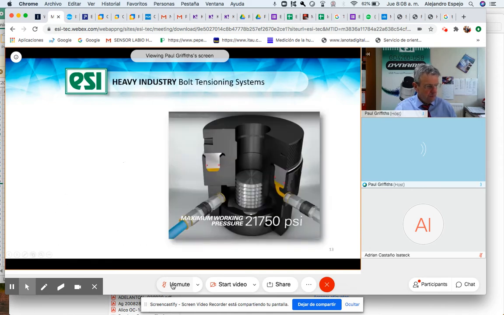So this is an example. This is one of our customers. So the hydraulic pressure is injected into this clamp, and it forces this piston here, this piston ring, if you like.